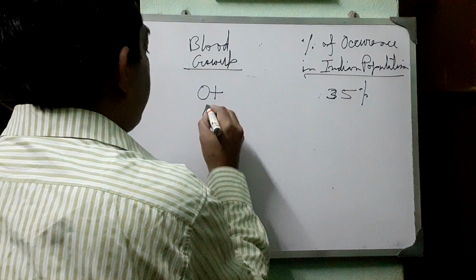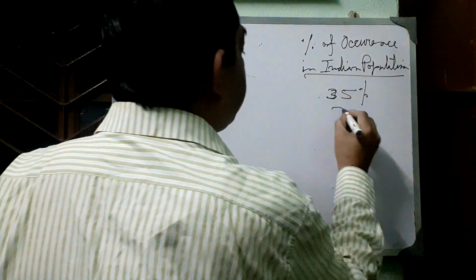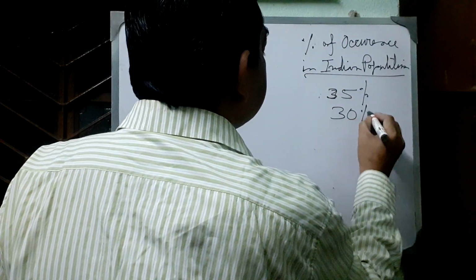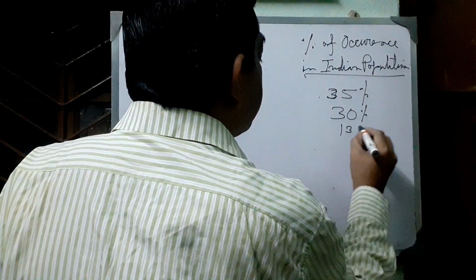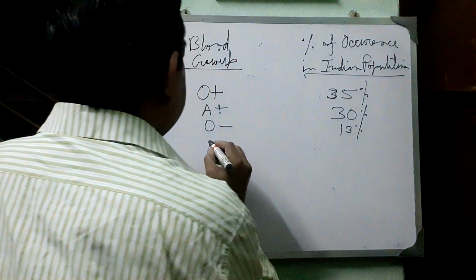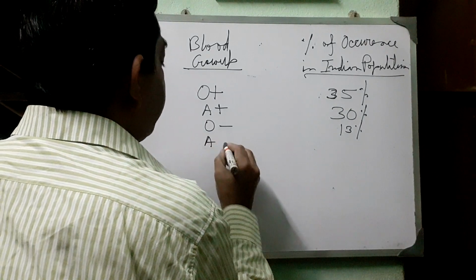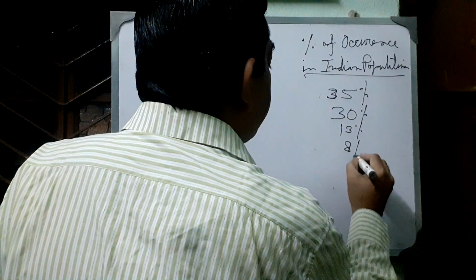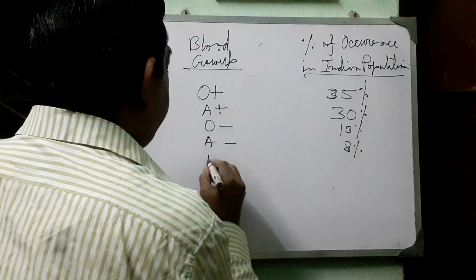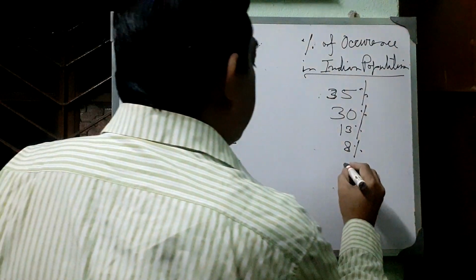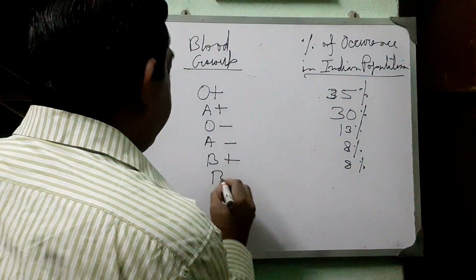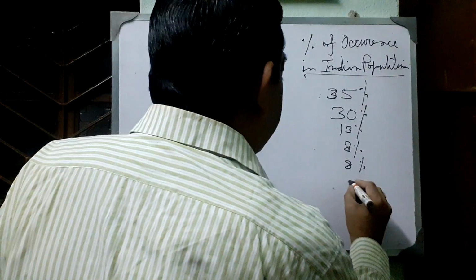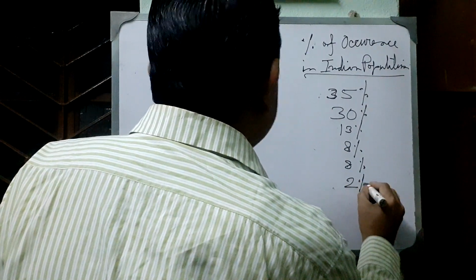Then A positive is 30% of the population, and O negative is 13% of the population. A negative is 8% of the population. B positive is 8% of the population. B negative is 2% of the population.